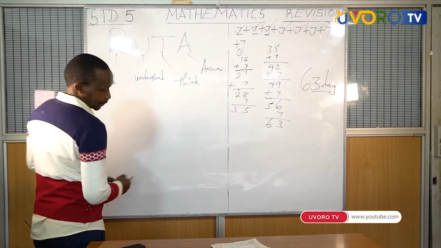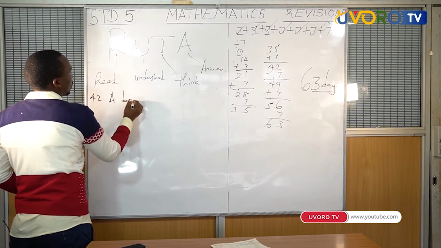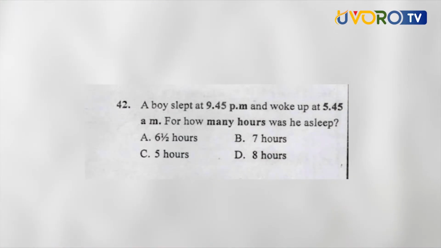We are told that a boy slept at 9:45 p.m. and woke up at 5:45 a.m. For how long did the boy sleep?